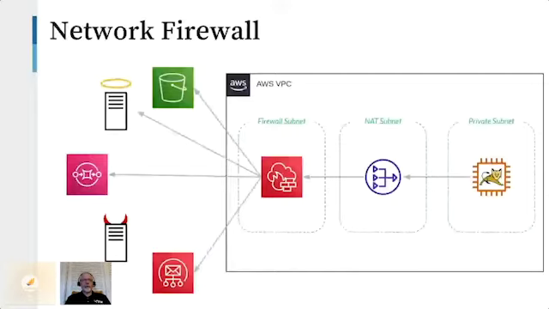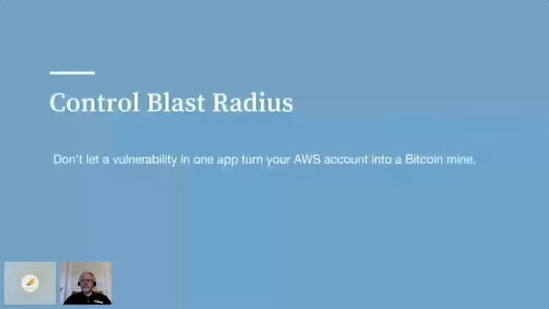Crowdcast. Let's move on. So you've got your networking configured to protect yourself from bad requests coming in, protect yourself from data exfiltration and requests out for remote code execution, but you could still be vulnerable.